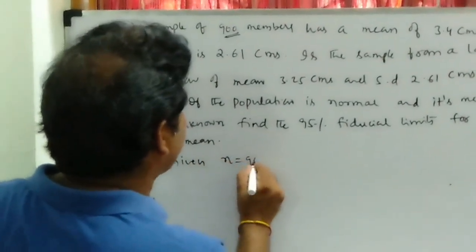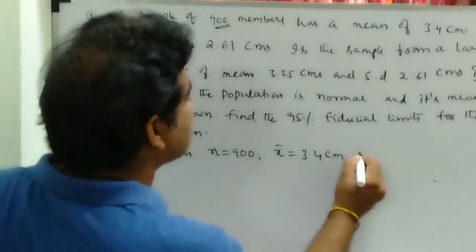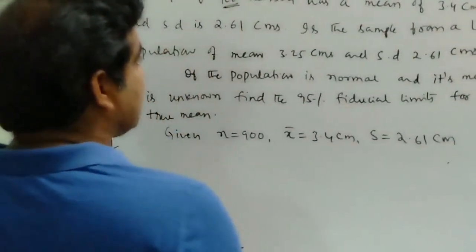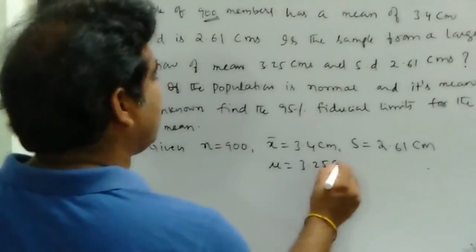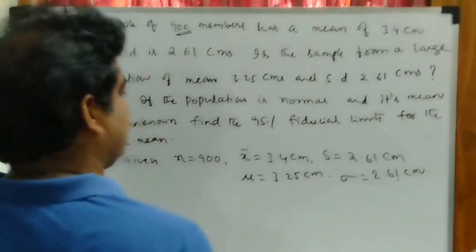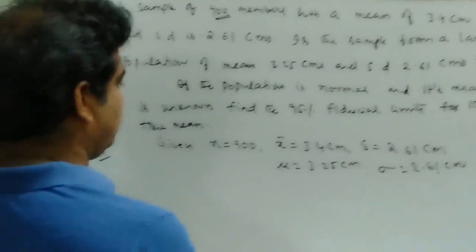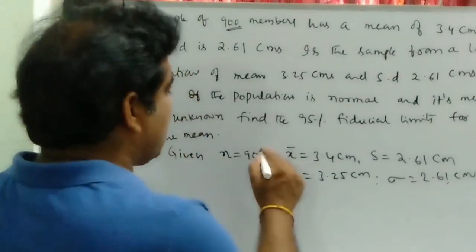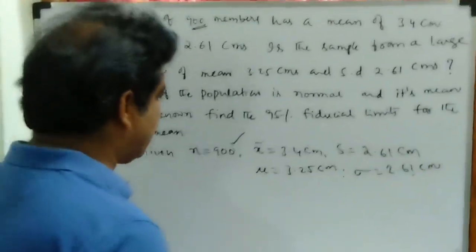Given n is equal to 900, x bar is equal to 3.4 centimeters, standard deviation s is 2.61 centimeters, and mu is 3.25 centimeters, and sigma is also given as 2.61 centimeters. Both may be the same because one is the sample and the other the population. We use the large sample test because n is greater than or equal to 30.